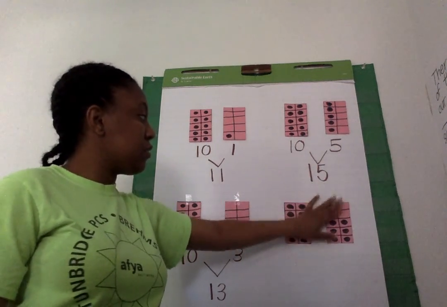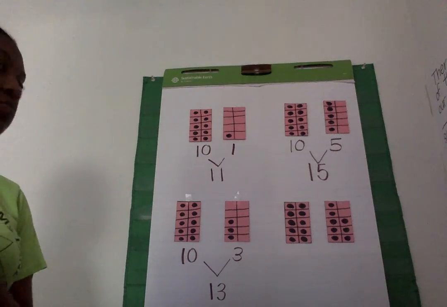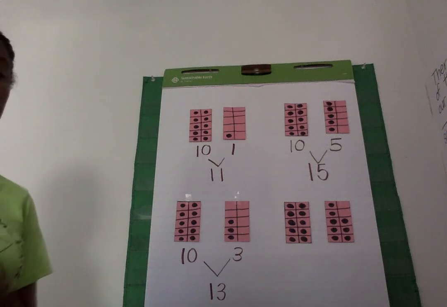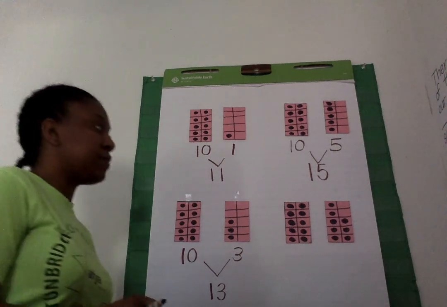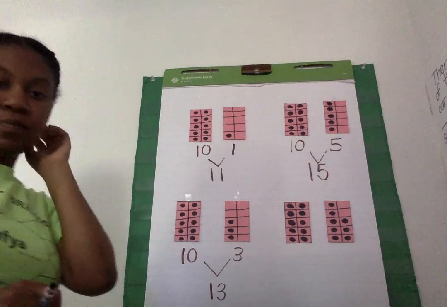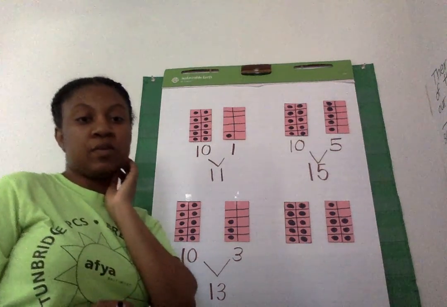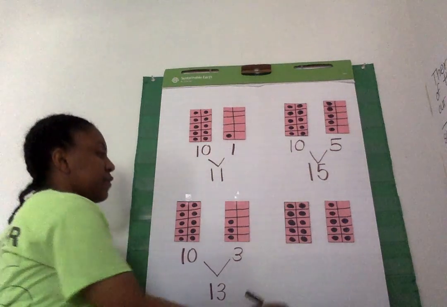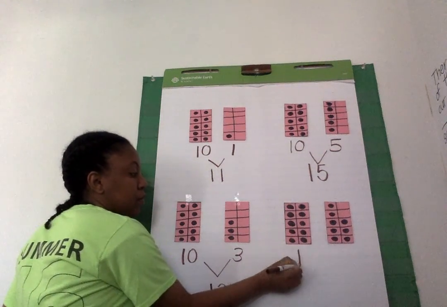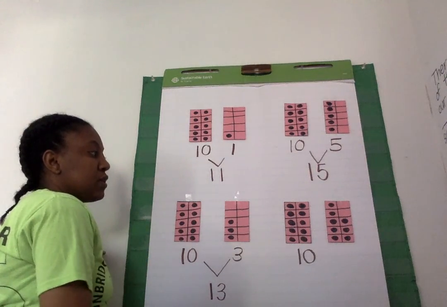Give you a few seconds to think about it. How many do you think we have all together now? If you have an answer, tell someone at home. Good job. So, if you said that this is 10, you are correct. That's a complete 10 frame, and it has 10 dots in it.